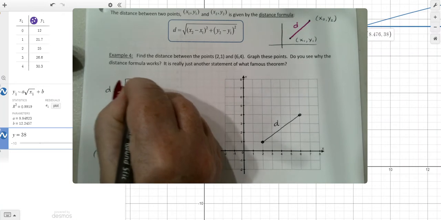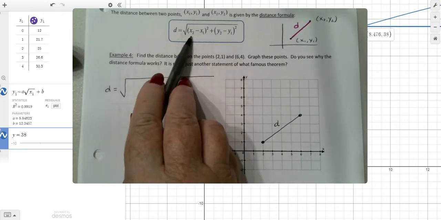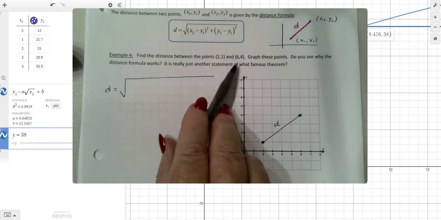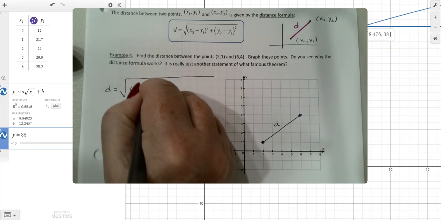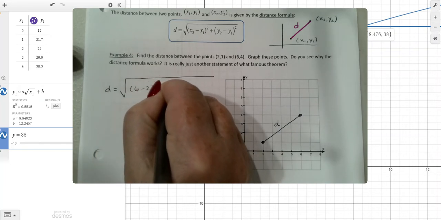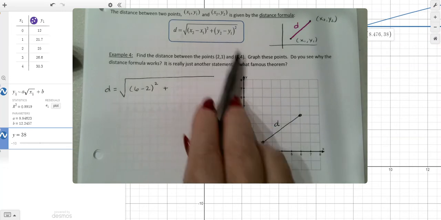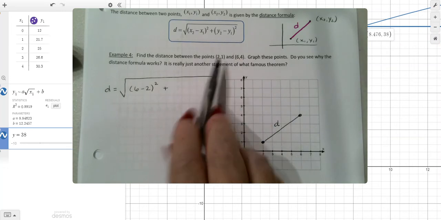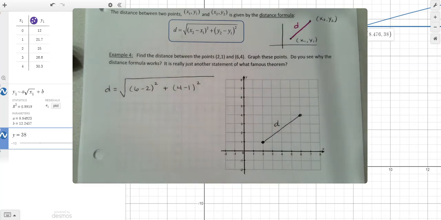According to my distance formula, I start by taking x2 minus x1, so 6 minus 2, plus y2 minus y1, that would be 4 minus 1. Square that.